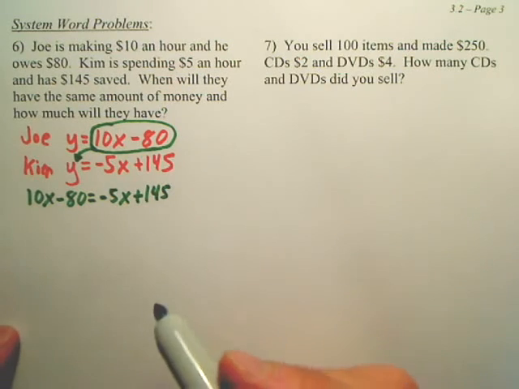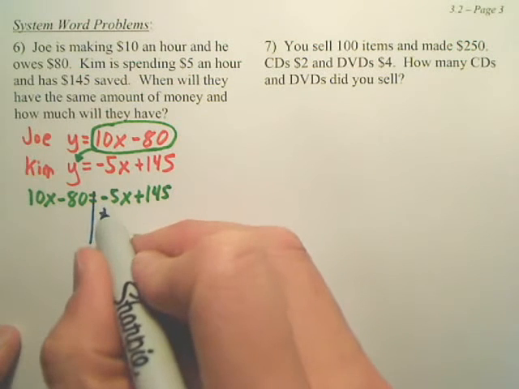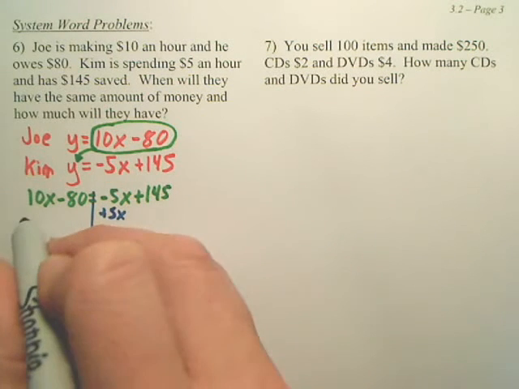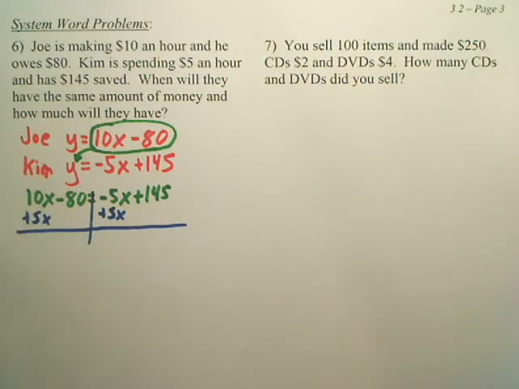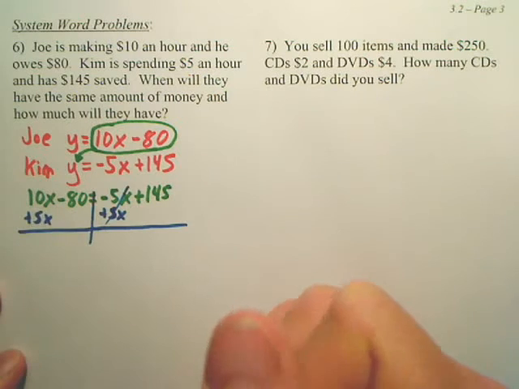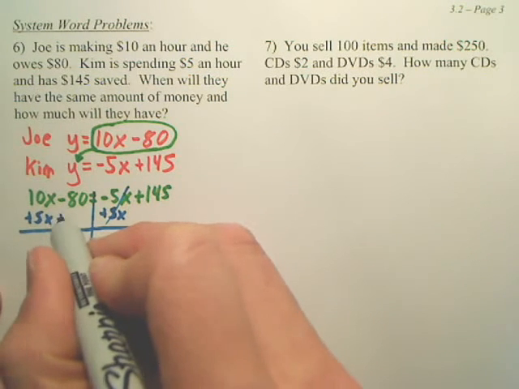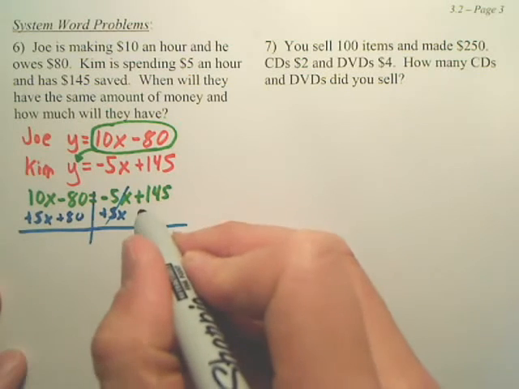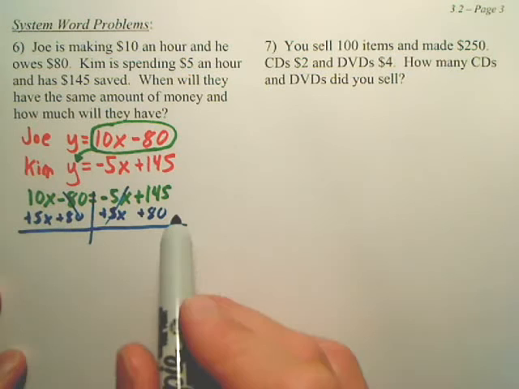Now we solve it. So I'm going to add the 5x this way, as well as, won't those cancel? I'm also going to move in both at the same time. I'm going to move this over to save myself some space. I move the 80 over this way.